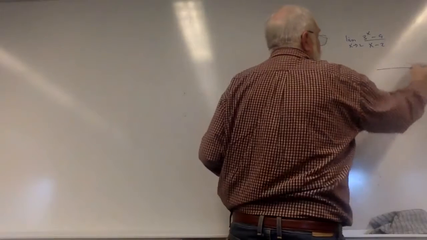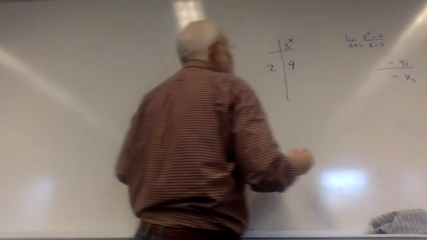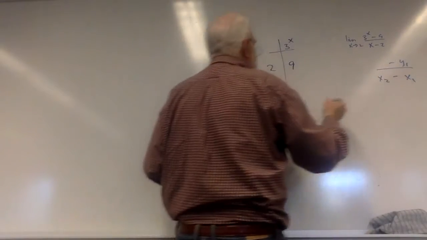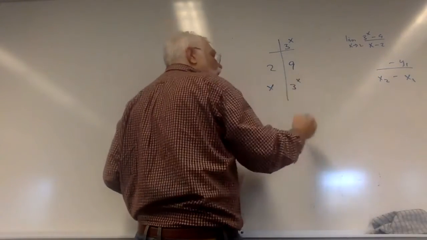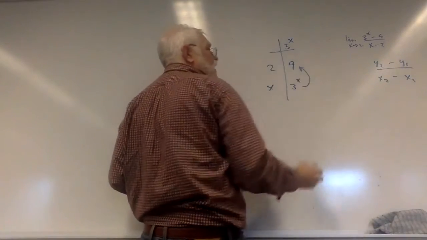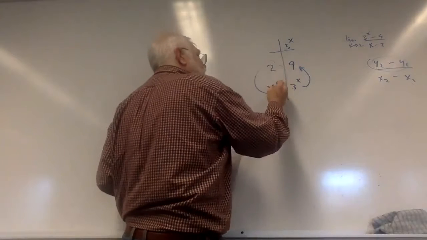So this is really your x1 and this is really your y1. And what do we have here? Well, we have a second x, and we have a second y. There's 3 to the x minus 9, your y2 minus y1 right there, over x minus 2, as x goes to 2.